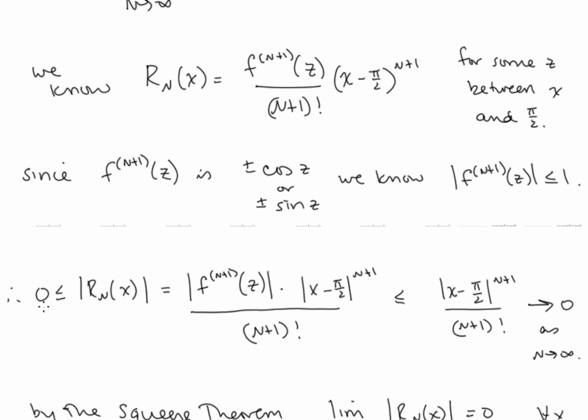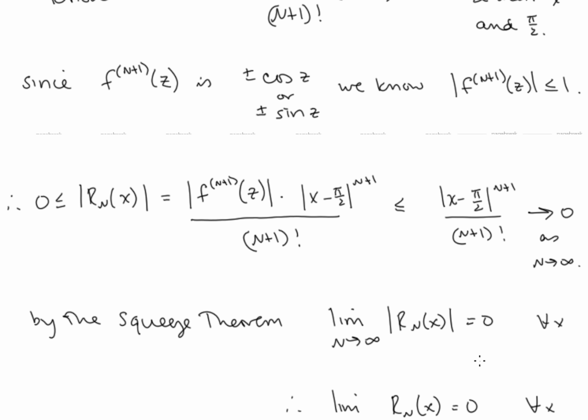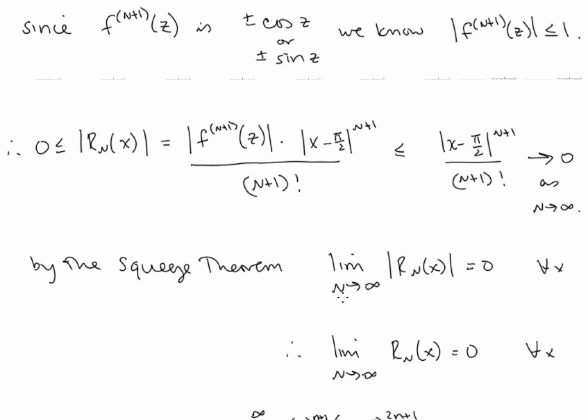So we know that 0 is less than or equal to the absolute value of the remainder term, and that is less than or equal to the absolute value of x minus pi over 2, to the n plus 1, over (n plus 1) factorial, and this we know goes to 0 as n goes to infinity. So by the squeeze theorem, we have that the limit as n goes to infinity of absolute R n is equal to 0 for all x, and so we know that without the absolute value, those terms are still going to go to 0 for all x.